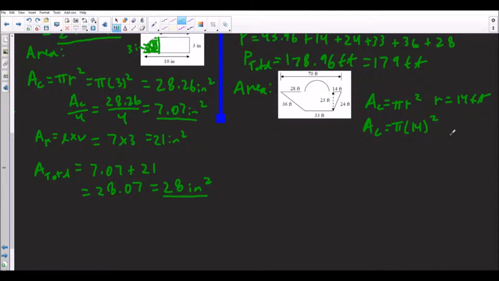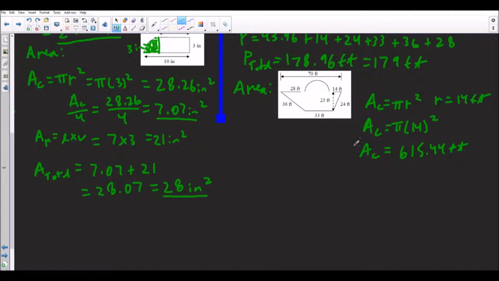So all we need to do now is calculate this. So we have AC is equal to pi times 14 squared. We can just type that into our calculator and we're going to get 615.44 feet squared. Now we're not done because that would be if it was a full circle, right? We're not trying to find the full area, we're just trying to find the area that's sticking out of the trapezoid.